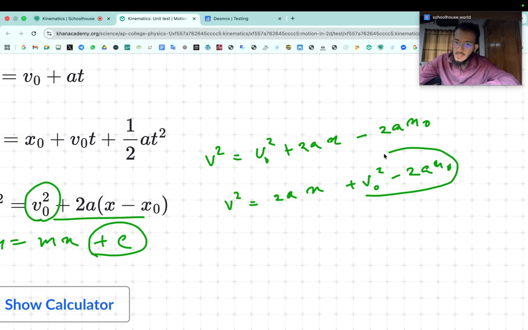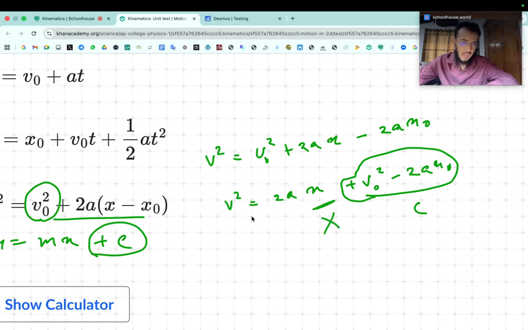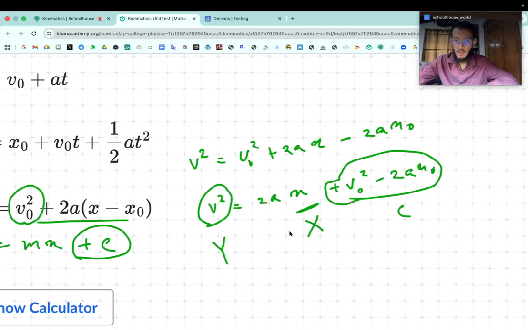As you can see, this entire thing is being added or subtracted, so we can count this to be the c. We've plotted x on the x-axis, so this is essentially x, and we have plotted v squared on the y-axis, so this is essentially the y. And this is the gradient, m.